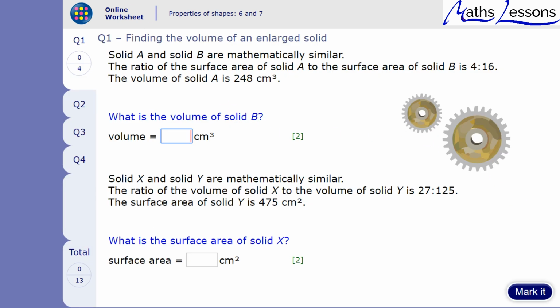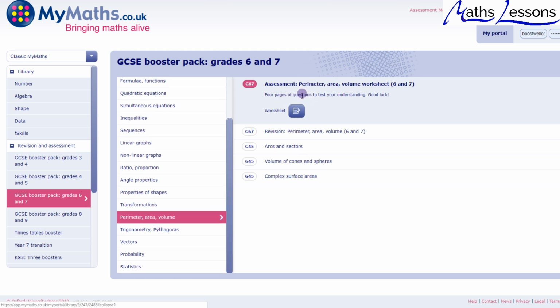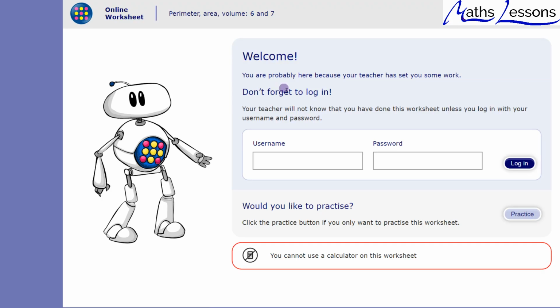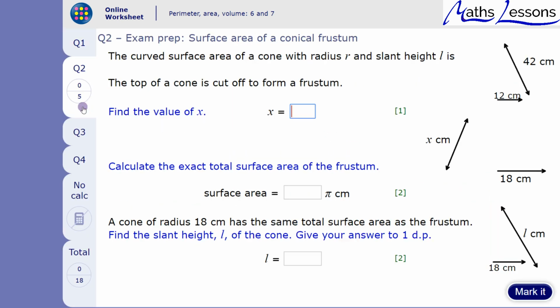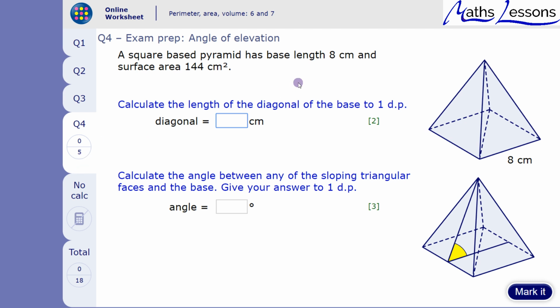Wrong one, sorry, not the properties of shapes. It was further on. Perimeter, area, and volume, that's the one you're doing. So there we go, perimeter, area, and volume. I'll put the link to this into the notebook for you after the end of the video, and you can just do the questions. They change the numbers slightly to make them slightly different, so you can work through this with the video to help you.